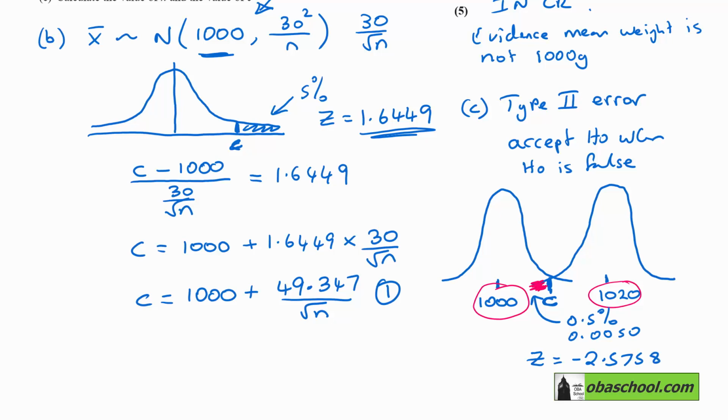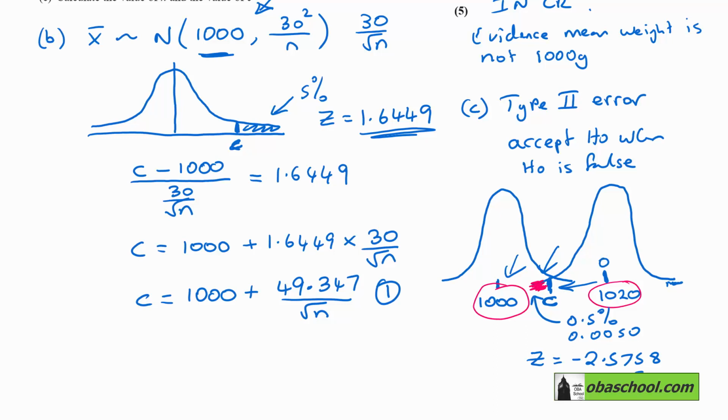I know this is symmetrical and there's a value out here, but we know that we're looking at it being less if we're going to be accepting this 1000. So it's at this end compared to 1020. So the value is going to be a negative value when we standardize out here.